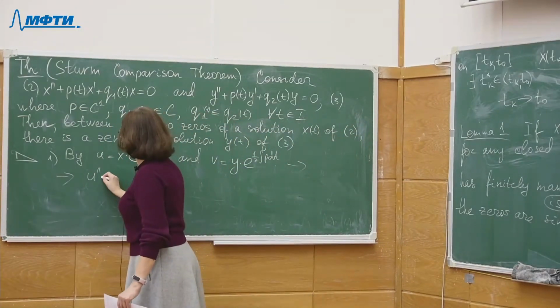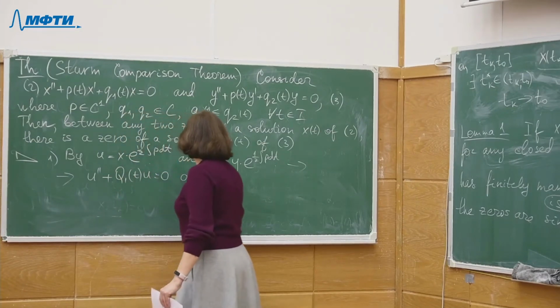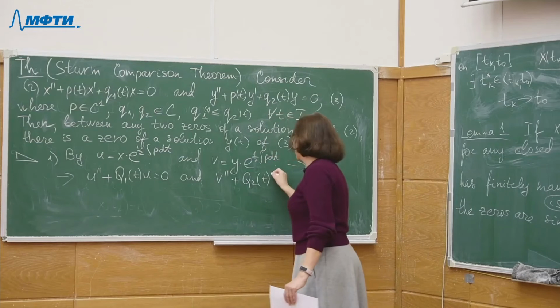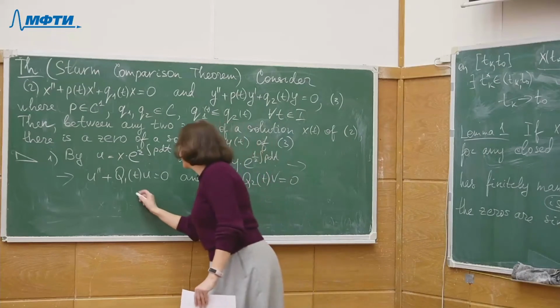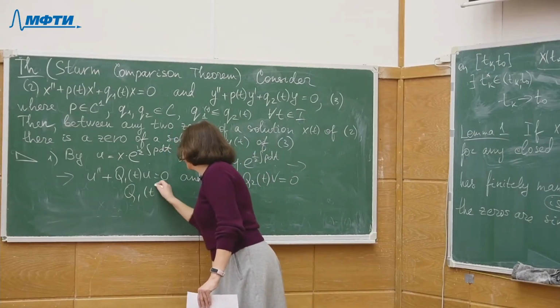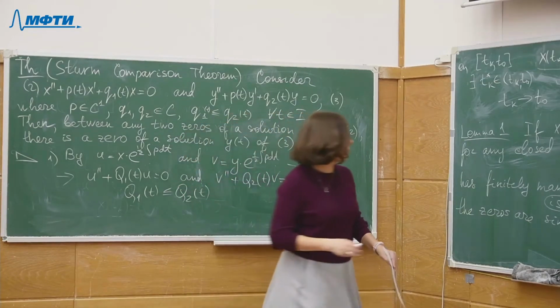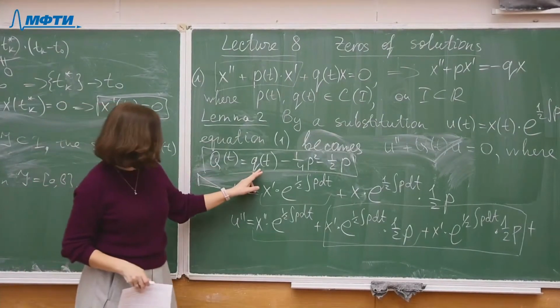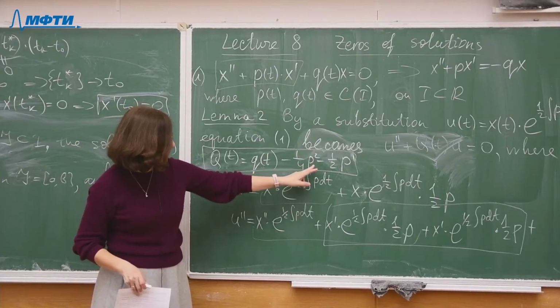u double prime plus q1 of t u equals 0 and v double prime plus q2 of t v equals 0. And we can see that q1 of t is less than or equal to q2 of t. Because of the formula given here, so you can see the formula for the function q of t, it is equal to q lowercase of t minus 1/4 p squared minus 1/2 p prime.